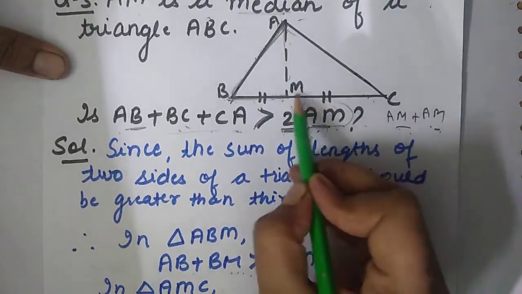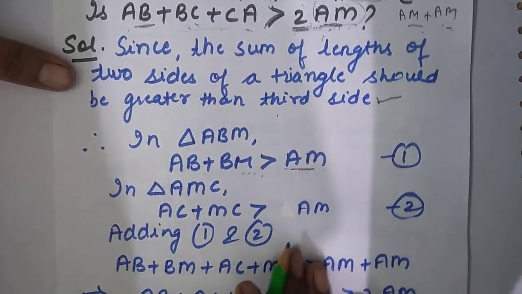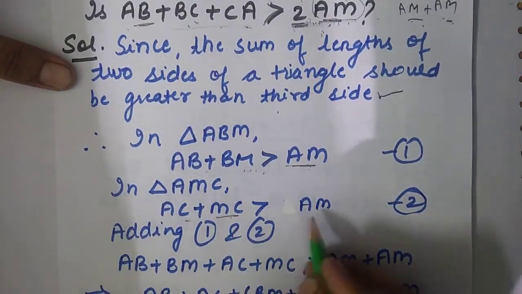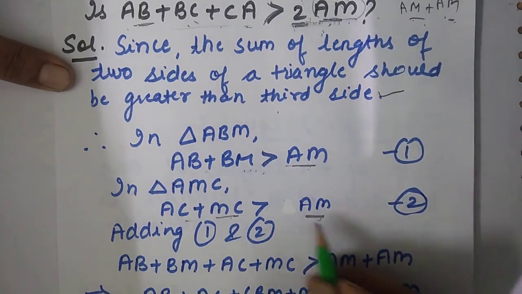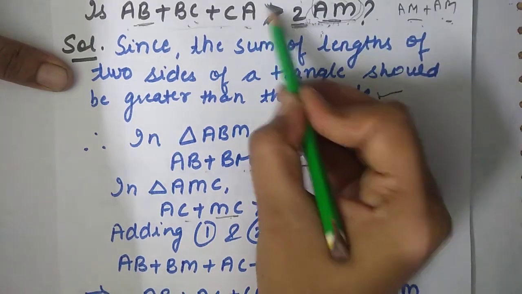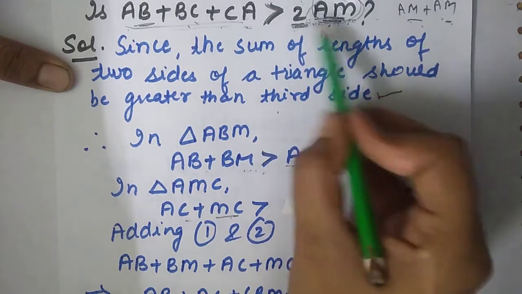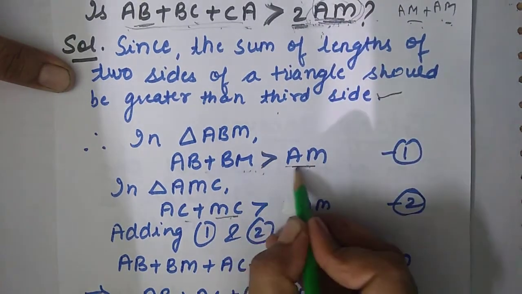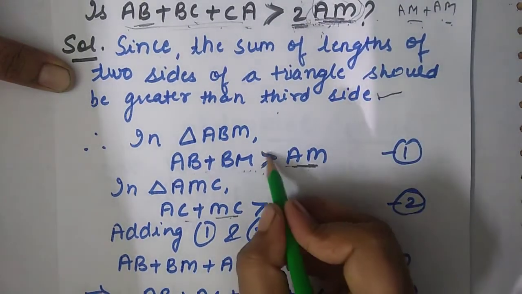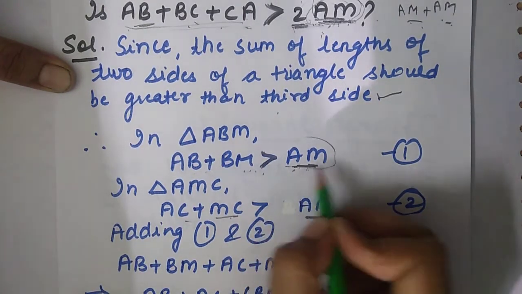AC plus MC is again greater than AM. On the RHS I need AM.